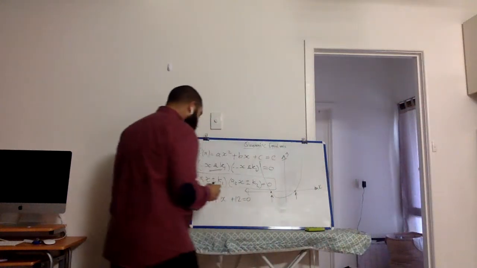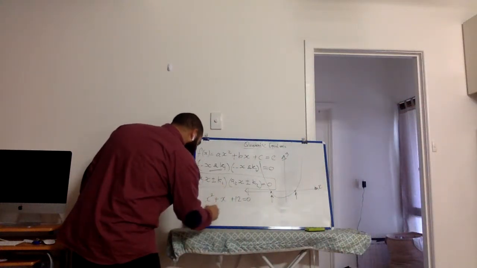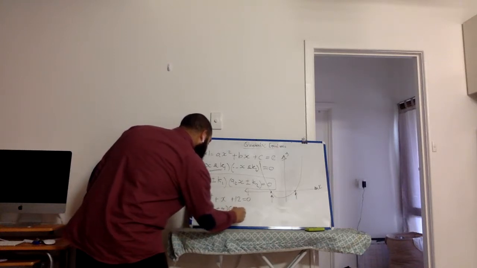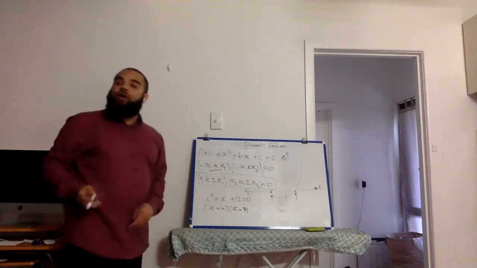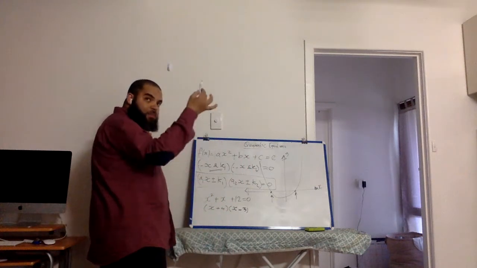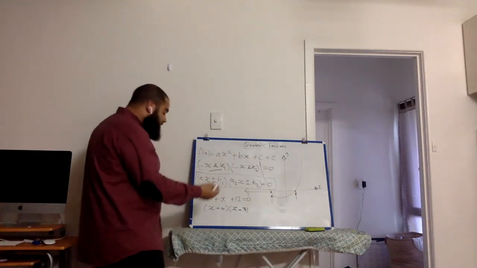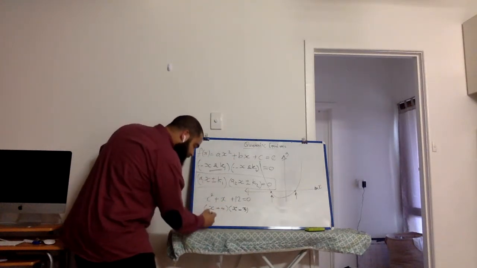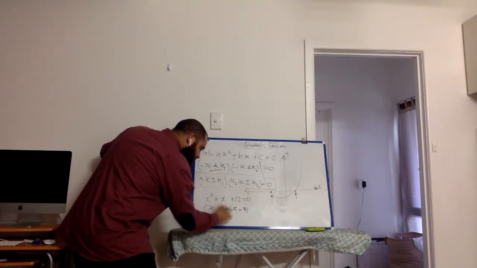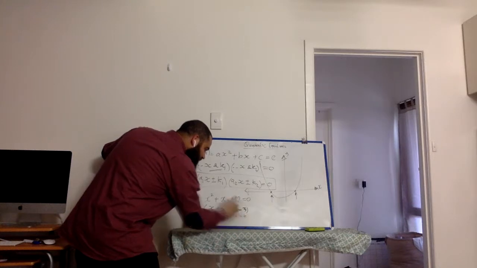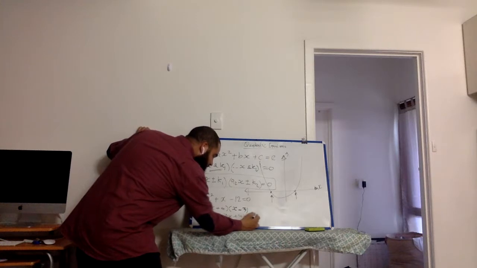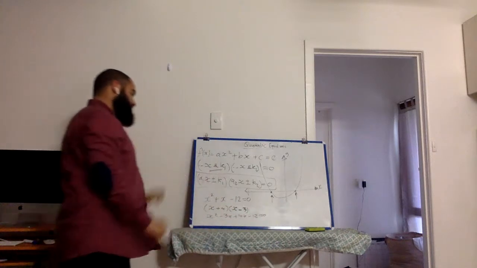If I said that this is equivalent to x plus 4 times x minus 3, will I be correct? Let us try. From the multiplication that we took before, this will be x squared minus 3x plus 4x. Sorry, let this be minus 12. Minus 12 equals 0.